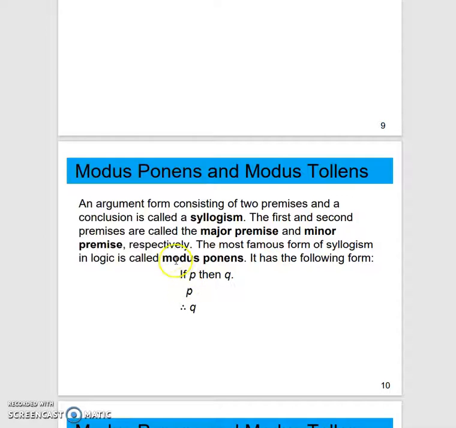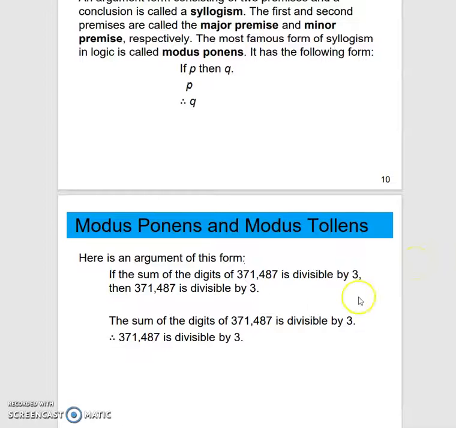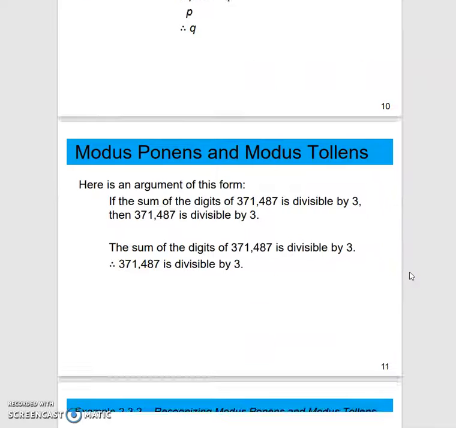So the modus ponens means our premises are if P then Q, and the second one is P, at which point I conclude Q. And an example, if the sum of the digits of that number is divisible by 3, then that number is divisible by 3. And the sum of the digits of that number is divisible by 3, so therefore that number is divisible by 3.